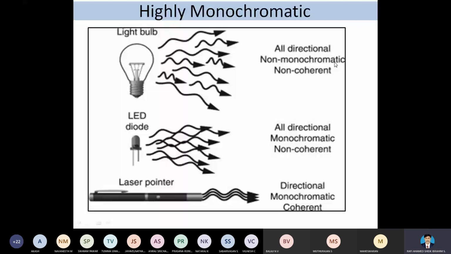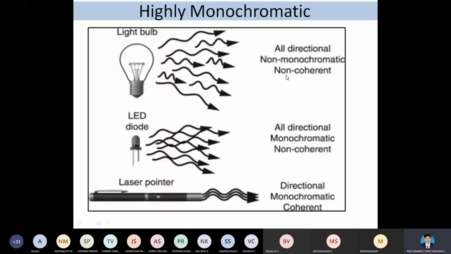The radiation emitted from the ordinary tube bulb falls in all directions. When the radiation falls in all directions, it will not behave as monochromatic. That's why it's called non-monochromatic. If it's not monochromatic, then it will not behave as coherent either. So the angular spread is in all directions, non-monochromatic, and similarly non-coherent.